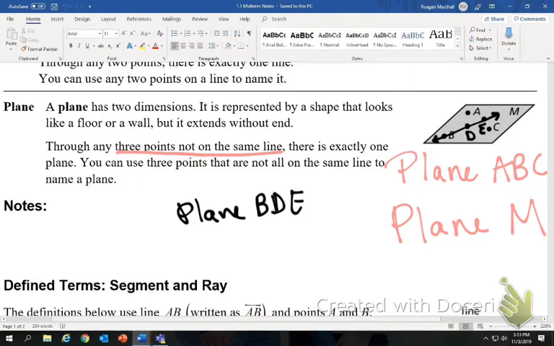Not an option. No combination of the letters B, D, and E. I could say BDA, ADE, EDC. Any combination of 3 of the points, except for the combination of the 3 on the line.